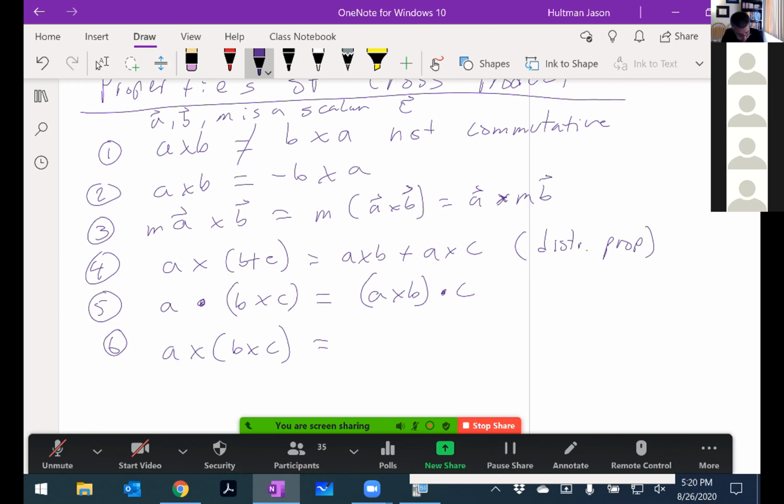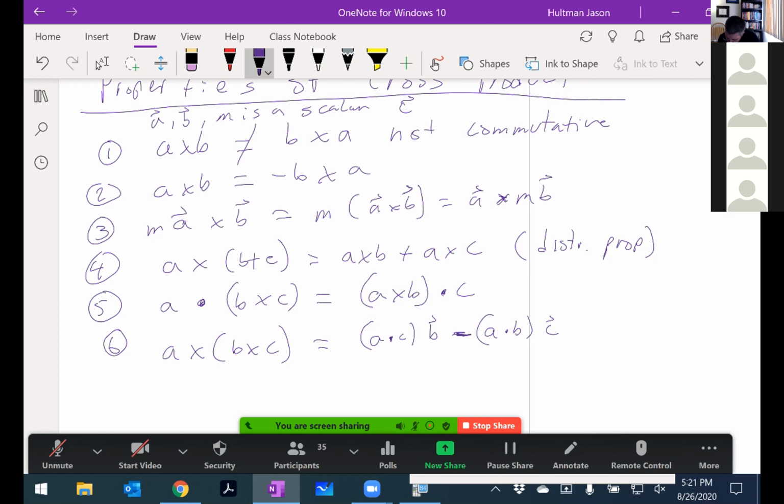It becomes A dot C, dot product of A dot C times vector B, minus A dot B times vector C. Where A dot C is a scalar.